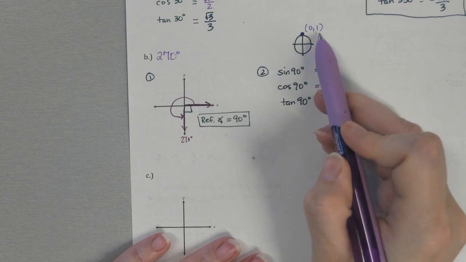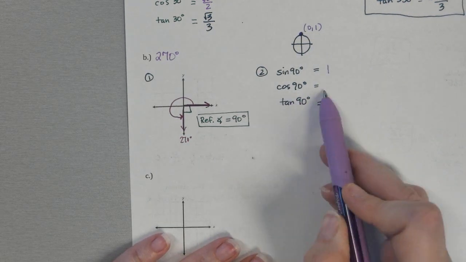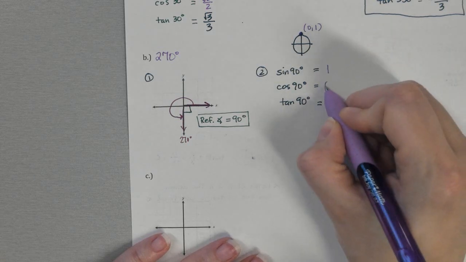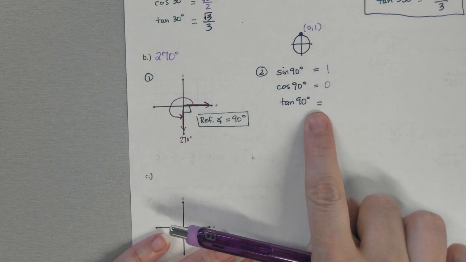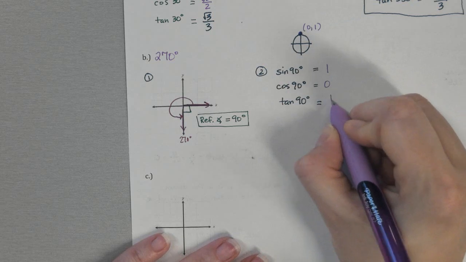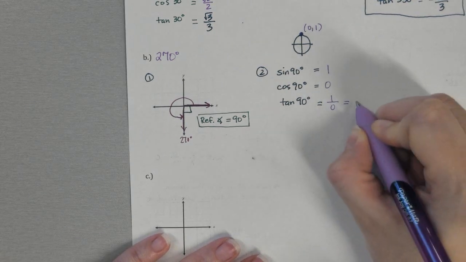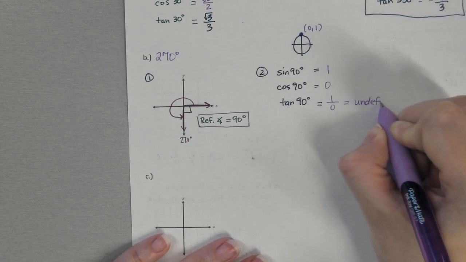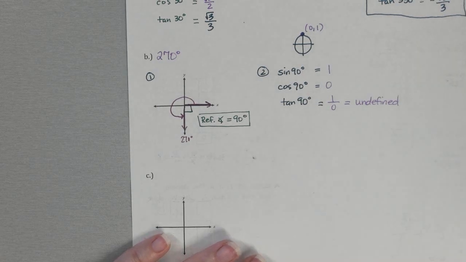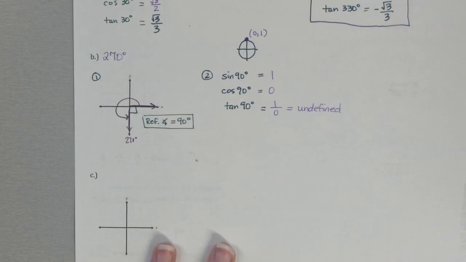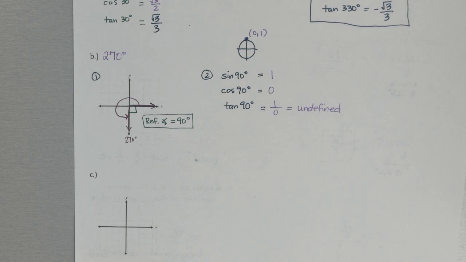Okay, so your sine is 1 because that's the y. The cosine is x. What's our x? 0. The tangent is y divided by x. So 1 divided by 0 is undefined, and that's what you're going to have. Questions about finding the sine, cosine, or tangent of 90?